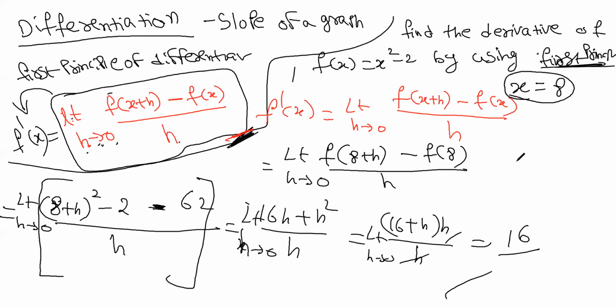Now in the same way you can do this for any function. You just have to use this formula: limit h tends to 0, f of x plus h minus f of x by h. This is the formula for finding the derivative by first principle.